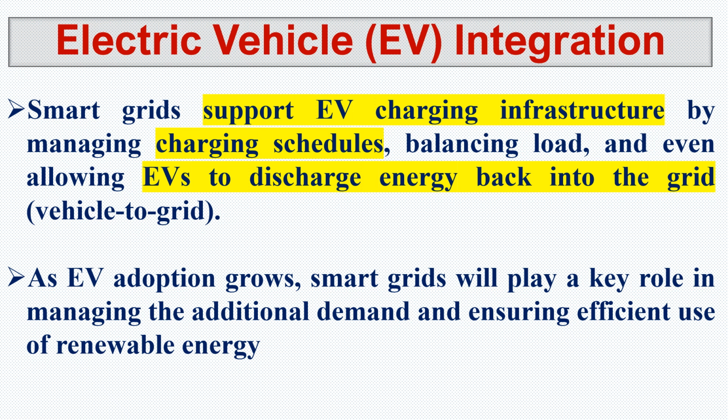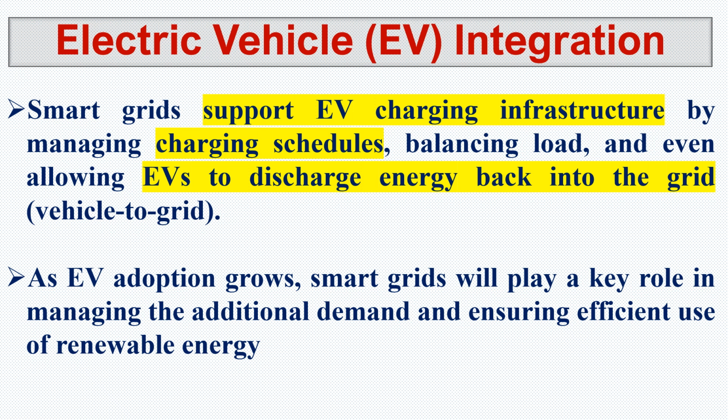Then electric vehicle integration. Smart grids support EV charging infrastructure by managing charging schedules, balancing load, and even allowing EVs to discharge energy back into the grid. We know electric vehicles are very famous nowadays, and it is a new evolving technology. So EV charging infrastructure is another addition in the power system.